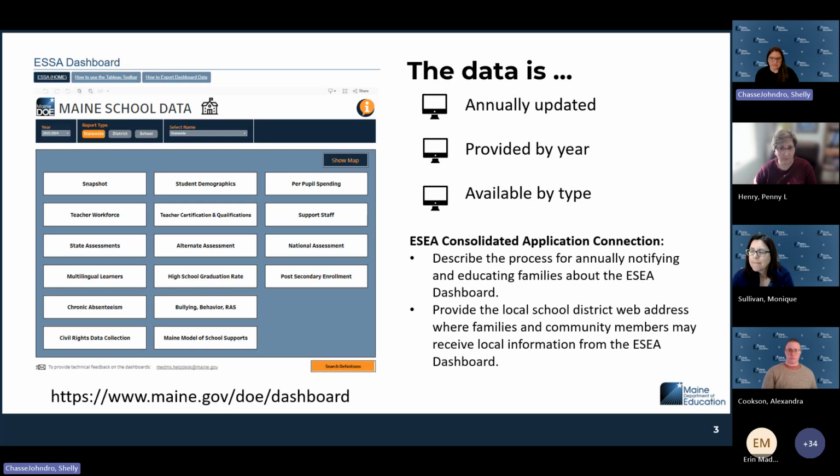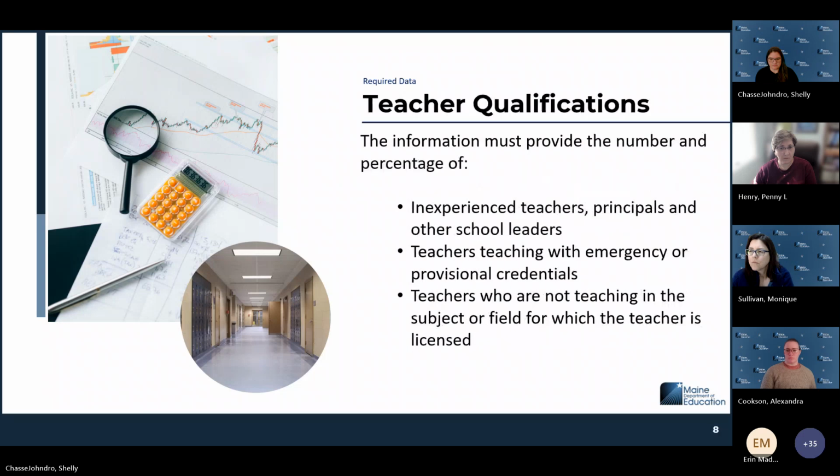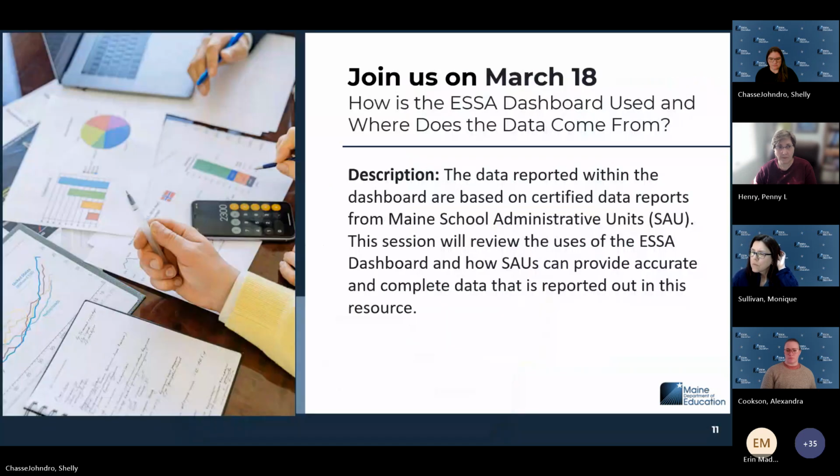So again, it is the SAU as well as the state who determines what additional information is available on the dashboard. That concludes all of the required information, as well as highlighting a couple components that are not required that are available on Maine Department of Education's dashboard.